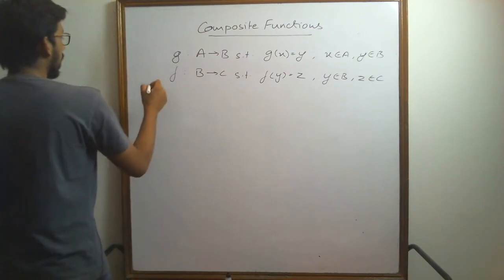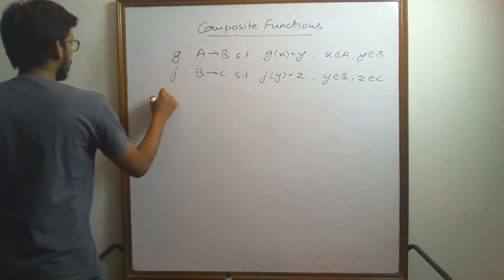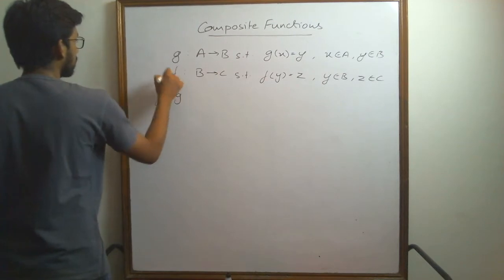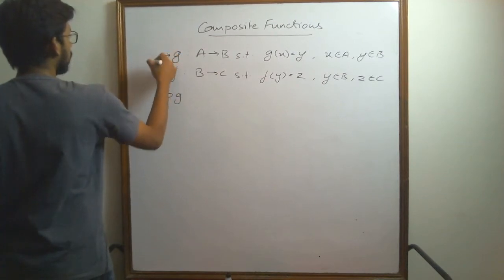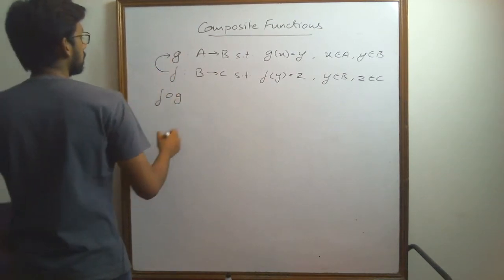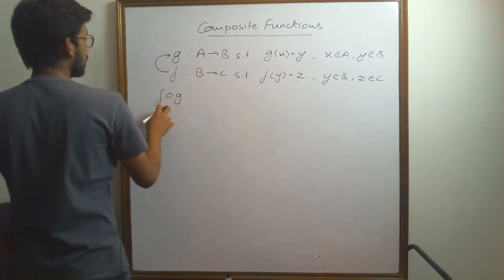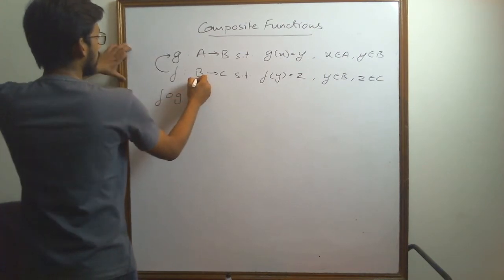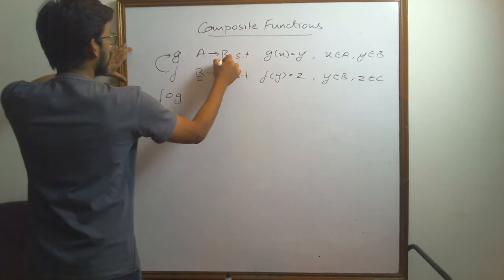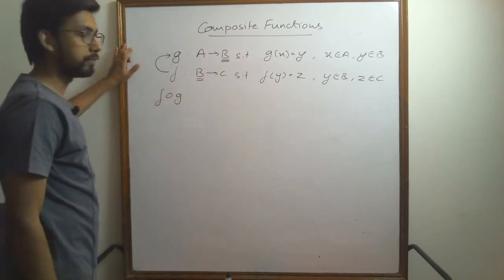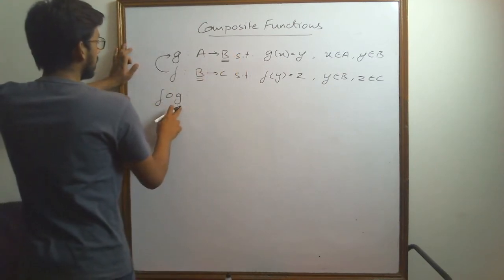Then I define the composite function FOG. We are going from F to G. Now this function is defined only when the domain of f and the codomain of g are same. Only then can we define this function.